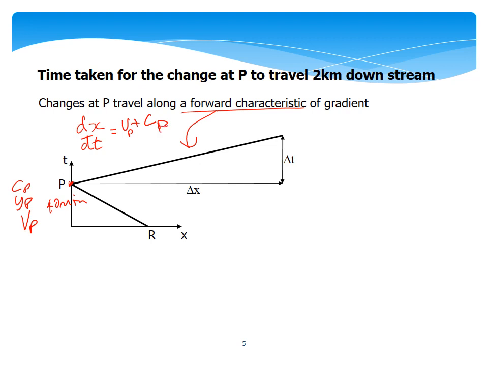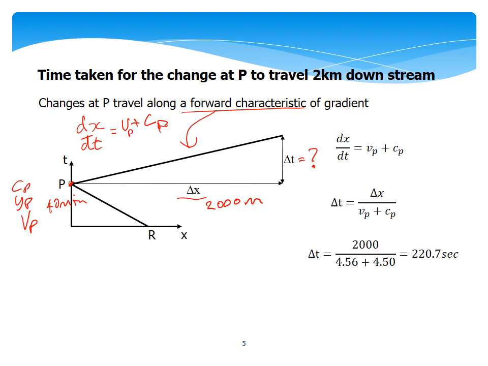So we can write that line. We've been given delta x, it's 2000 meters. What is delta t equal to? That's our challenge. We've got the equation of that characteristic line, we rearrange it in discrete form. We know VP and CP, so we just put those numbers in. We know delta x is 2000, and it comes out to be 220 seconds. Sensible numbers: that's 3 minutes and 42 seconds.